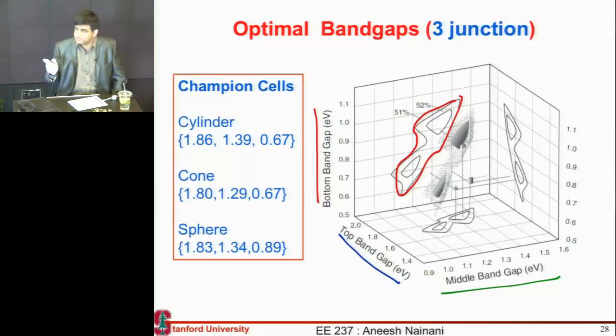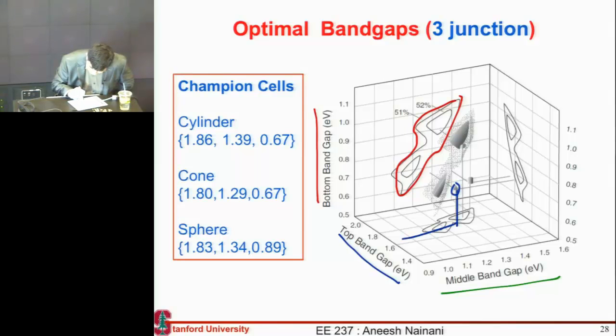Now it would have been much easier if you had gone with me and said, let's put an extra terminal, but since you didn't, we have to deal with this. So now I have to essentially optimize for all these 3 band gaps, and shown here are some of these optimum cells. If you look at the optima, the top band gap lies somewhere around 1.8 to 1.9 if it's a 3-junction cell.